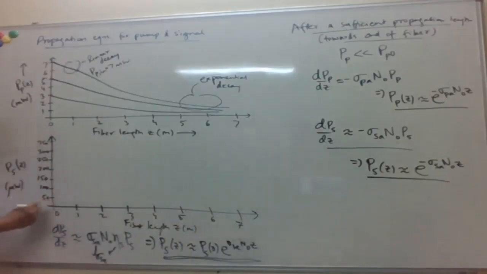The injected power, let's say, is 1 microwatt. So at the input, the signal power is 1 microwatt.